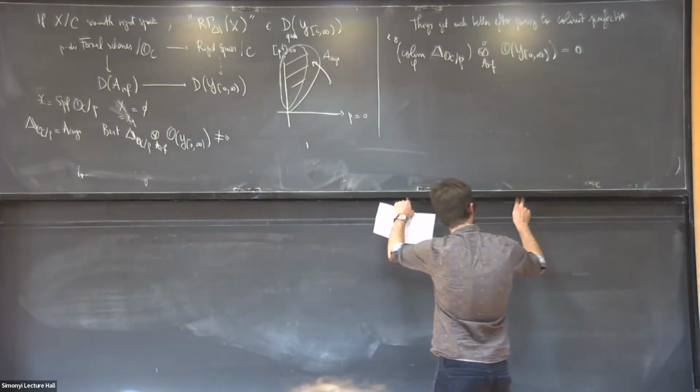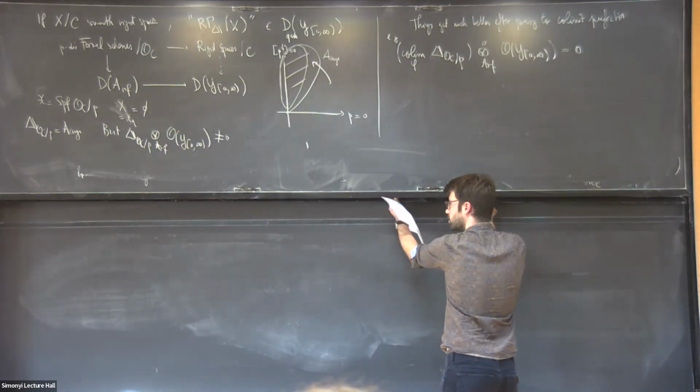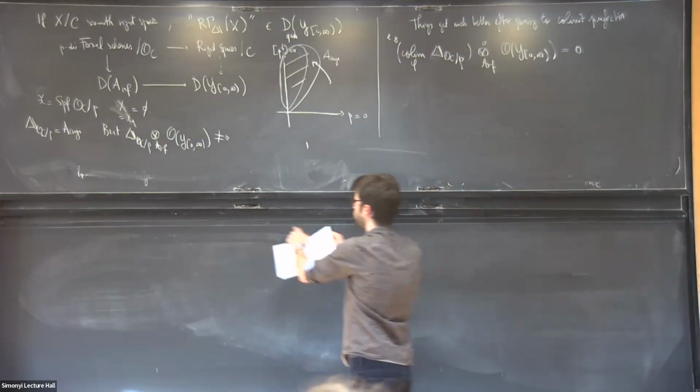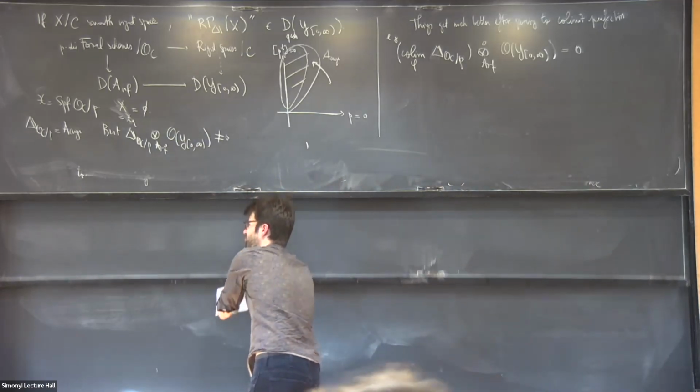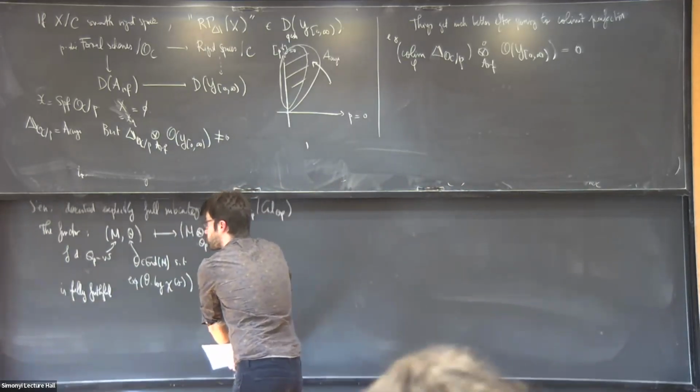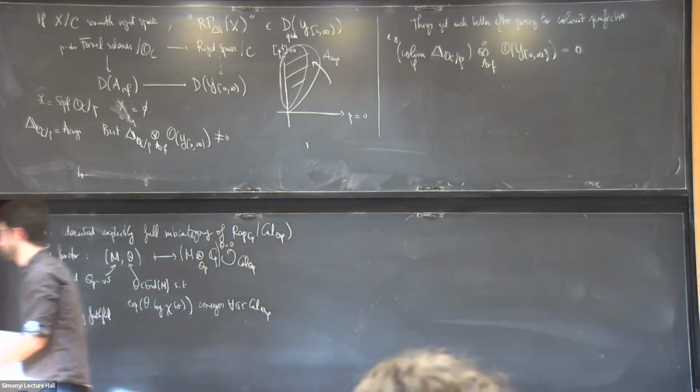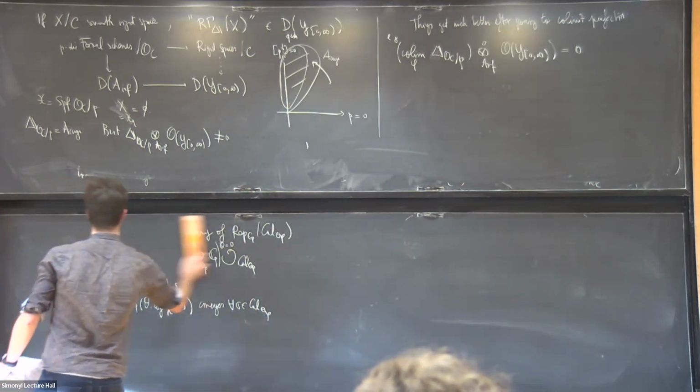This last observation brings me to the second observation I wanted to make, which is going back to the first question of the talk, on the case of Sen theory.